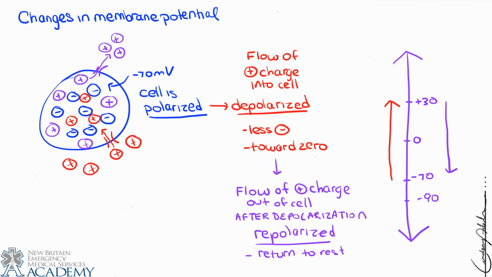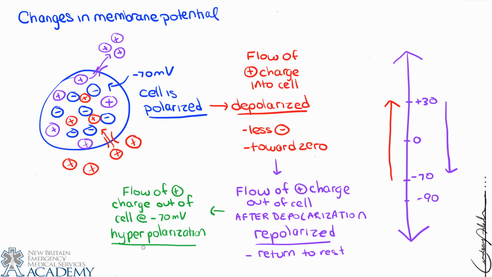Now, the other option is hyperpolarization, which can occur based on two different events. One is flow of positive charge out of the cell at minus 70 millivolts. If we're starting at minus 70 millivolts and positive charge moves out of the cell, we're becoming more negative. We refer to that as hyperpolarization, hyper meaning more than, so more than polarized: more negative than rest, and further from zero.